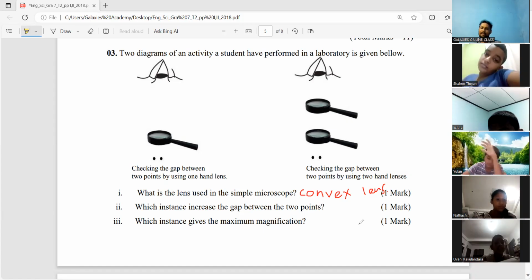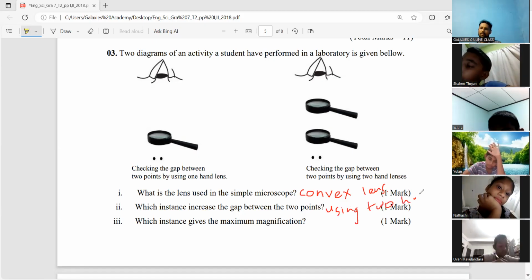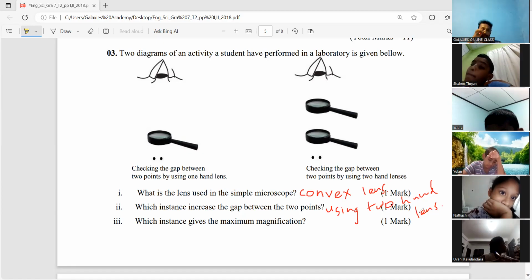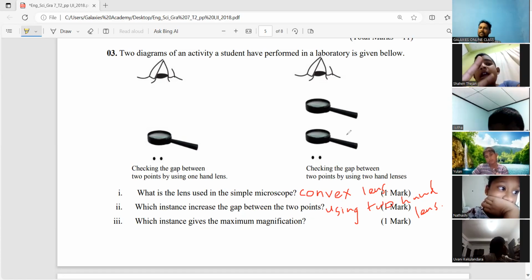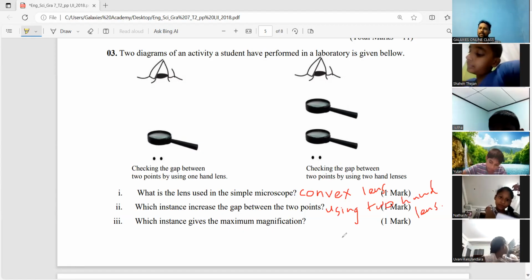Using two hand lenses. Right. Third one, which instance gives the maximum magnification? Using one hand lens or two hand lenses? Two hand lenses, right? Same answer, no? Using two hand lenses.